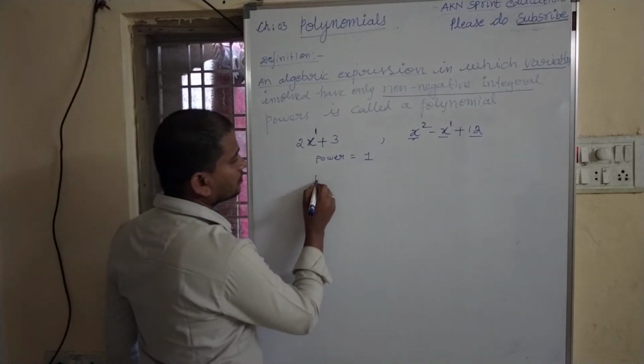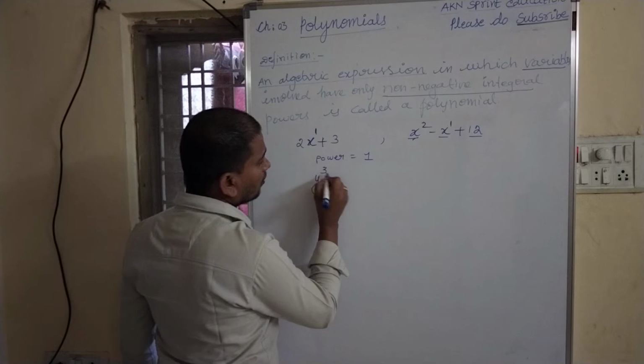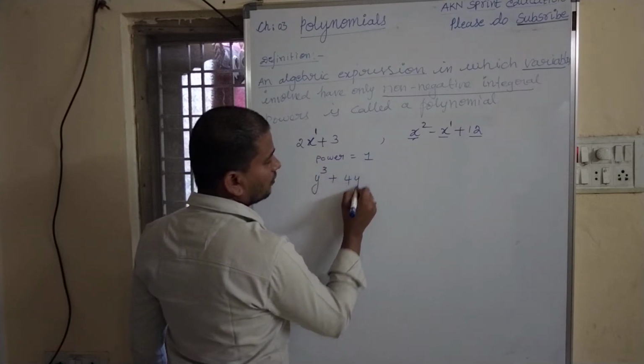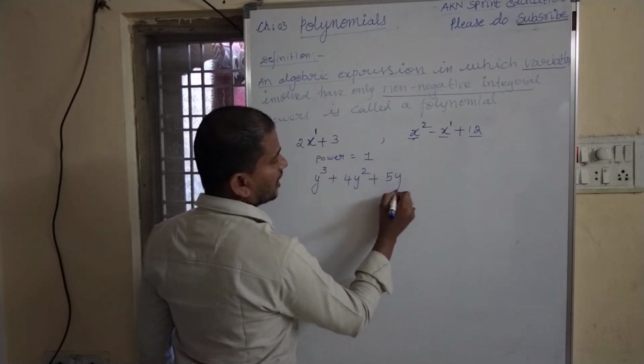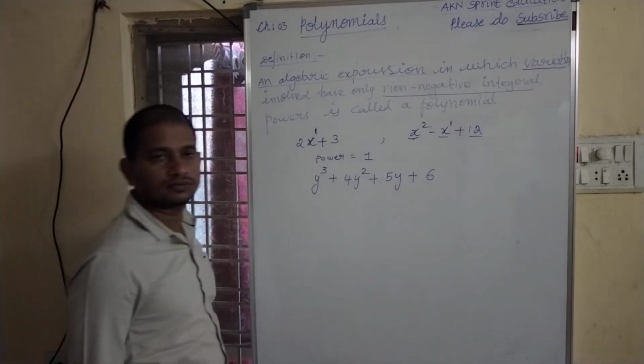Okay. For suppose, y cube plus 4y square plus 5y plus 6.